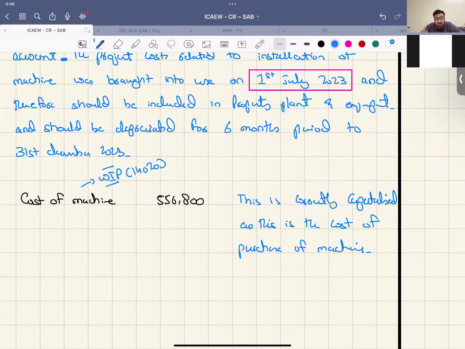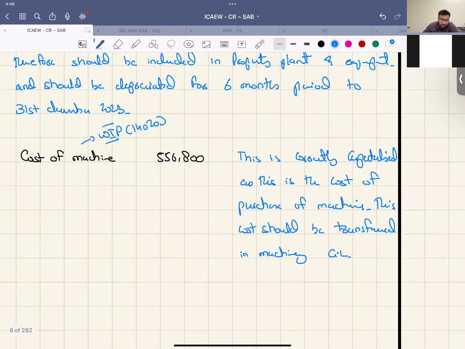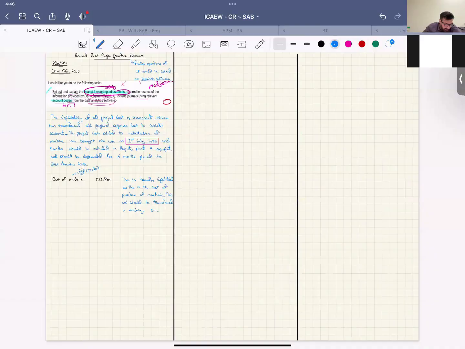We'll see that in the software. So that means you need to write: this cost should be transferred in machinery GL. Sir, do we need to check these as well? Yes, once we analyze the advanced information before the exam, we definitely need to see it.